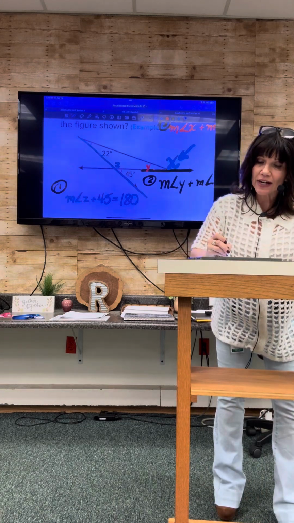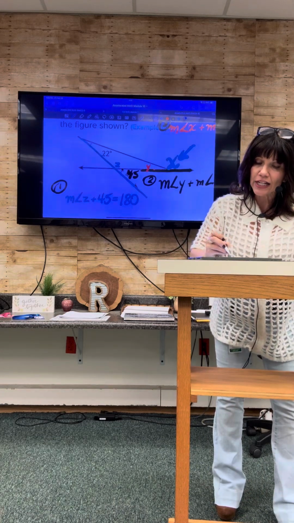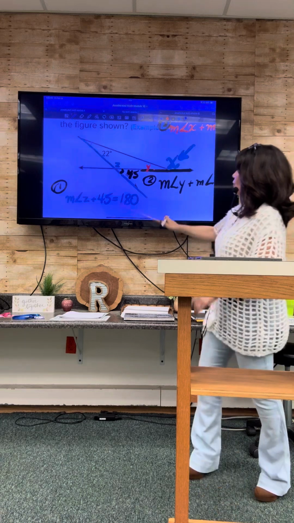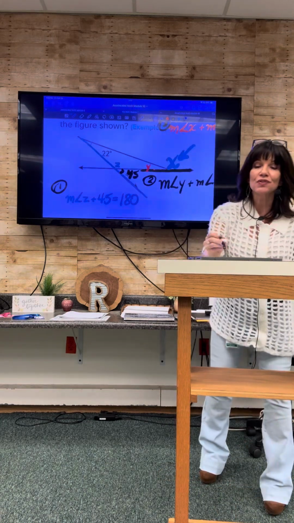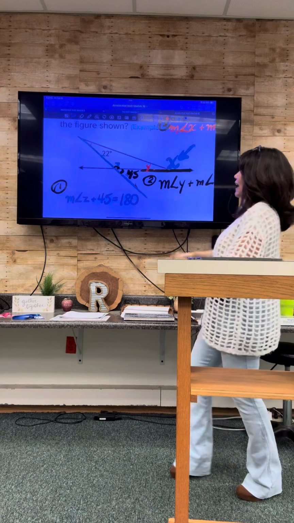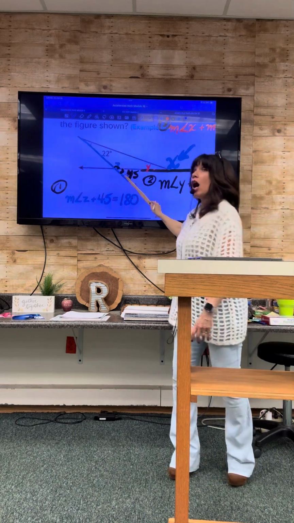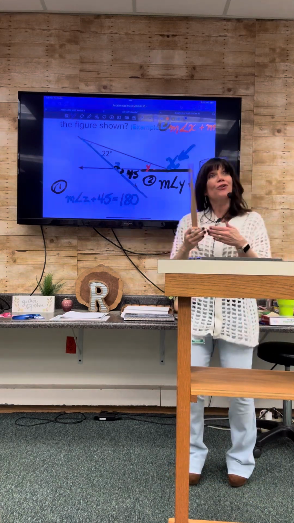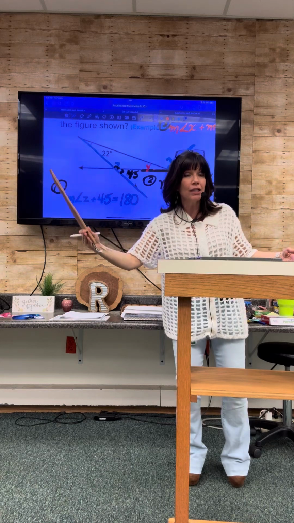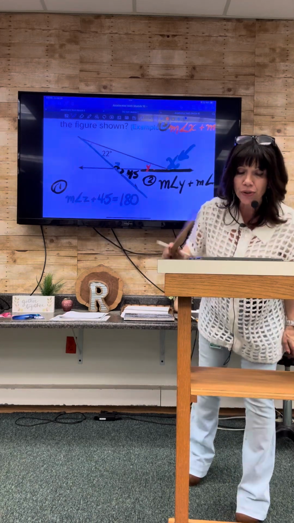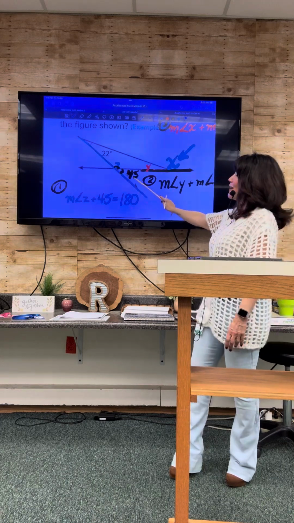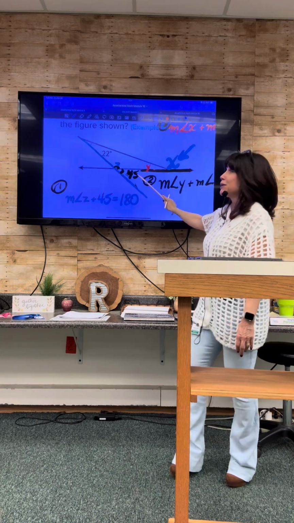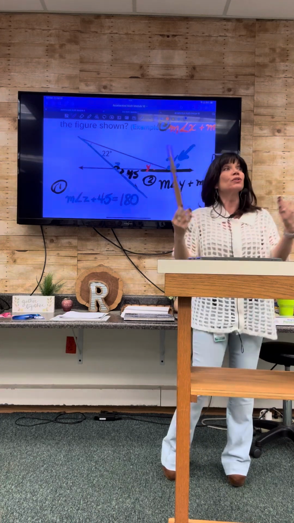If this angle is 45 right here, and together angle Z and the 45 degrees are supplementary angles that create a straight line, what equation could I use that would give me the value of Z? 45 plus Z equals 180.